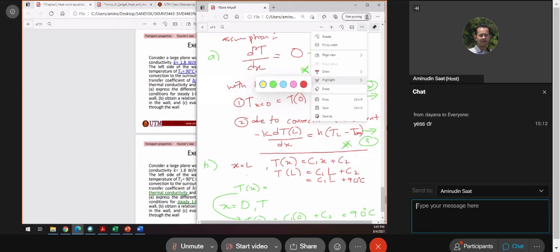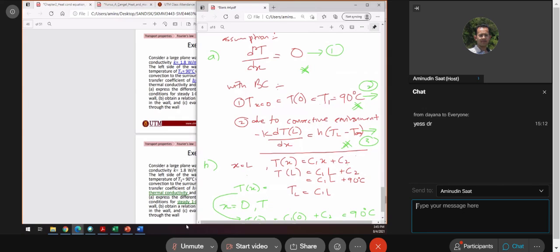The TL here equals C1L plus 90, so it's basically your T2. If you want to label it as T2, it is T at L.